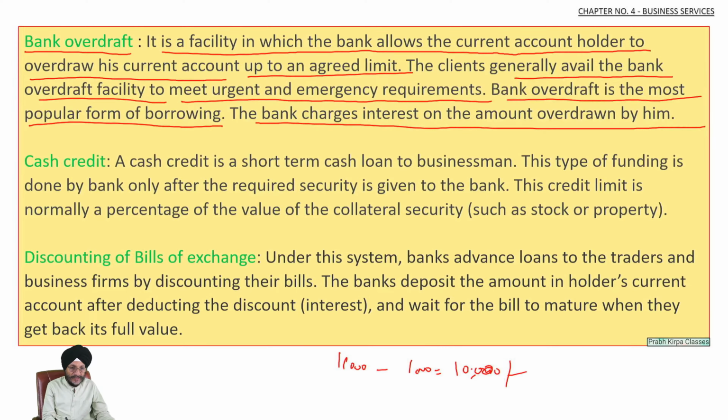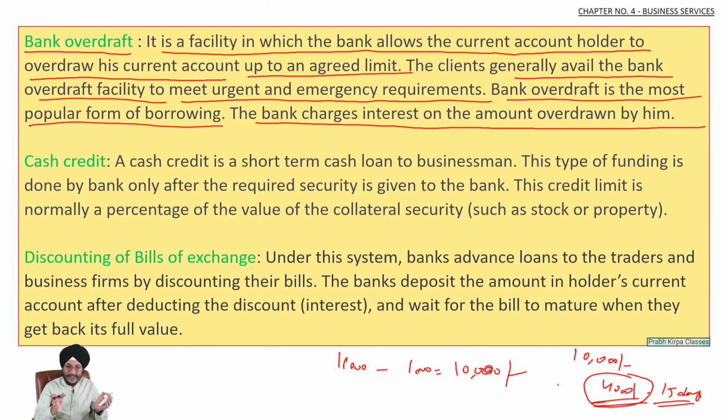That is, if you are having the overdraft facility of 10,000 but you have used only 4,000 and that too for 15 days, the bank will charge you for these 15 days only on the amount of 4,000.